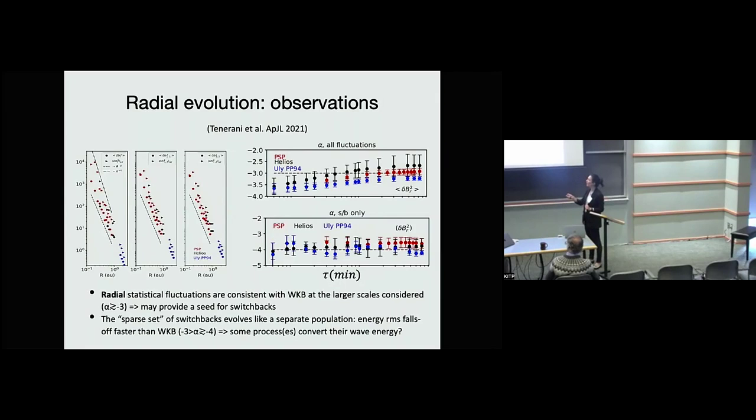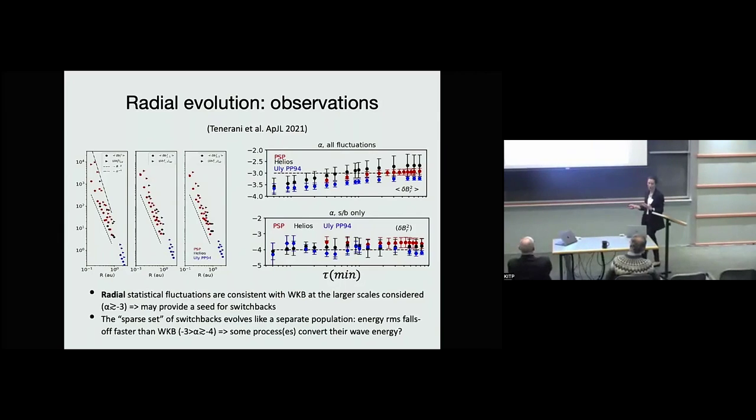Okay, so what we have here is delta b squared, so the amplitude square of fluctuations as a function of radial distance in units of astronomical units. And you have three panels here, one per component. Now, for this talk, what's important is the leftmost, which corresponds to the radial component of the fluctuations.